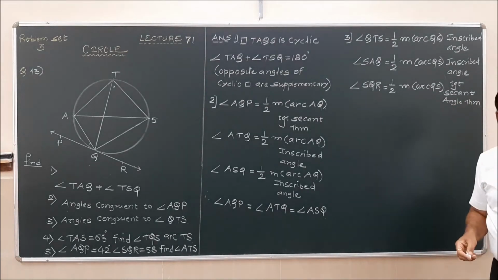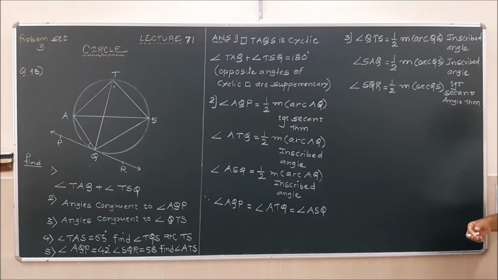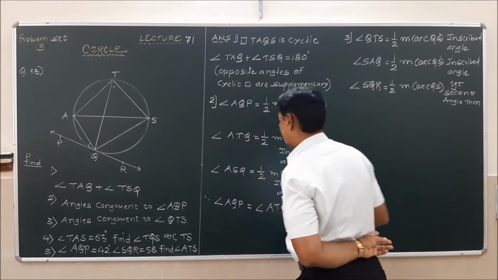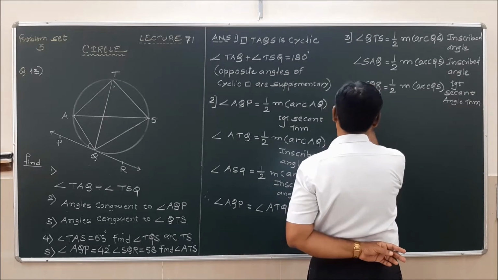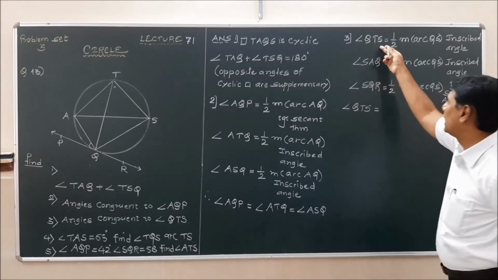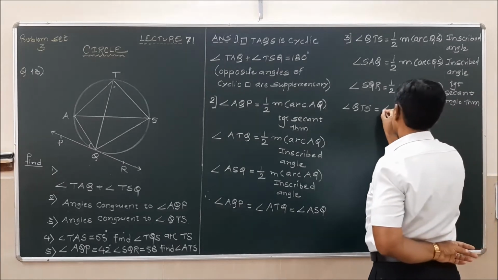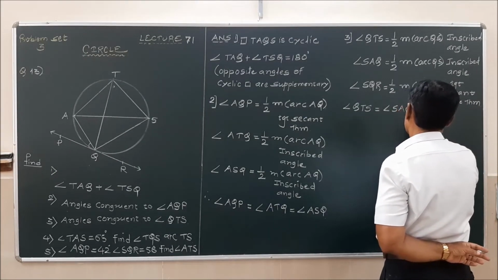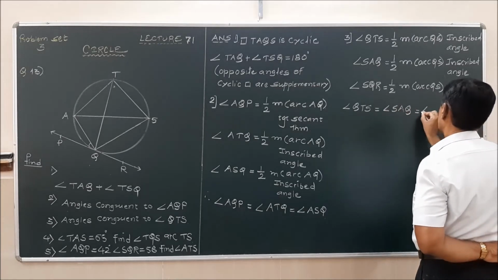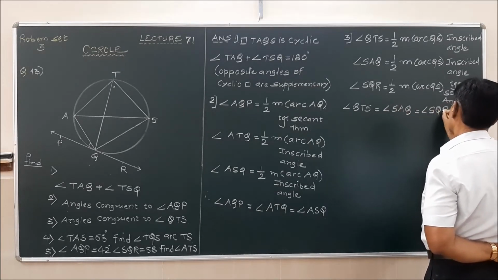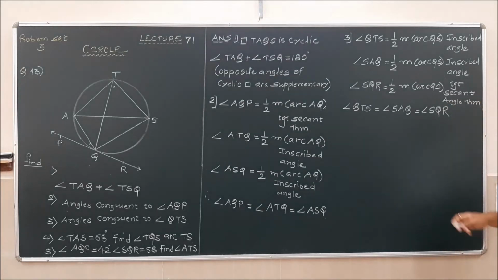So this is how here answer is ready, that angle QTS is equal to angle SAQ, that is equal to angle SQR. So you will find that QTS is half measure arc QS inscribed angle, SAQ is equal to half measure arc QS inscribed angle, but angle SQR is equal to half arc QS, that is tangent secant angle. So here we finish third question.